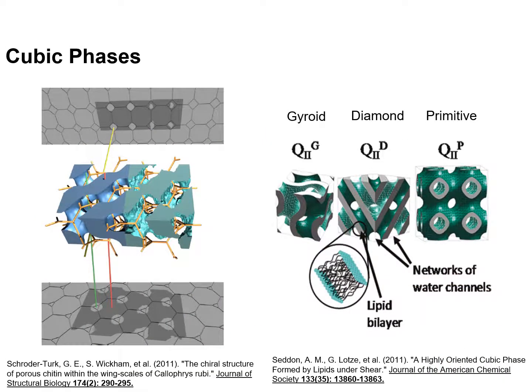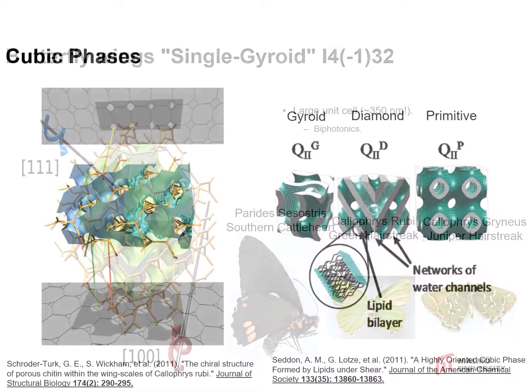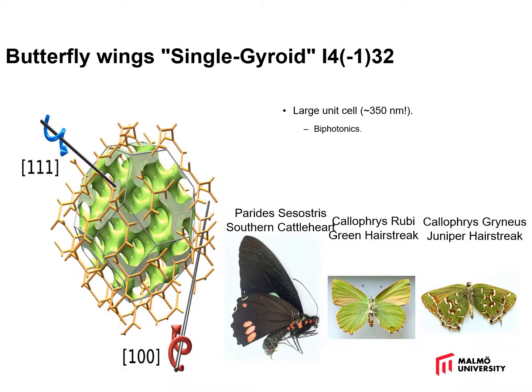These arrangements can get really quite complicated. This is a slide which shows some cubic phases, which are bicontinuous networks of water and some other phase, or air in the case of the butterfly wings. Let's just look at the butterfly wings in a bit more detail. The butterfly wings consist of a single gyroid network of chitin, and this is actually what gives these kinds of butterflies their color.